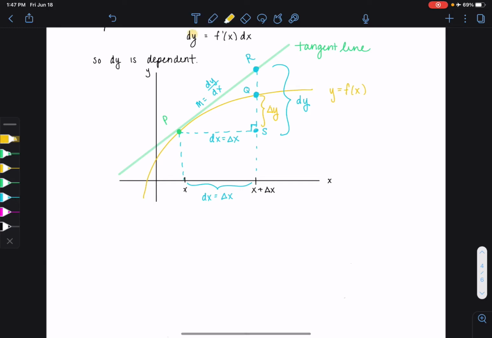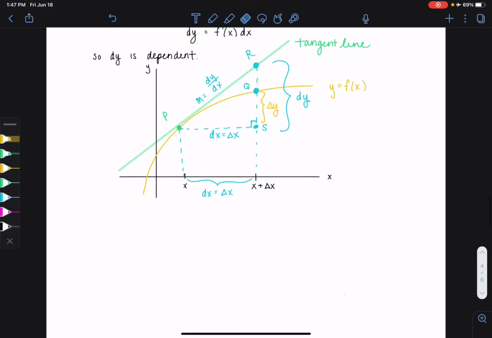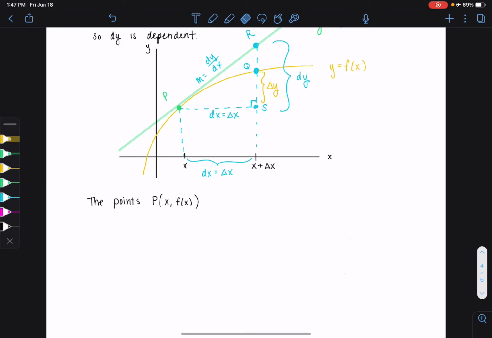This dy is telling you what the change in the tangent line is for those particular points. Delta y is representing the true change in the function values. So to sum this all up nicely in words, the point P, which is x and its y value, and the point Q, which is x plus delta x and the true y value corresponding to it, are on the graph of our function.